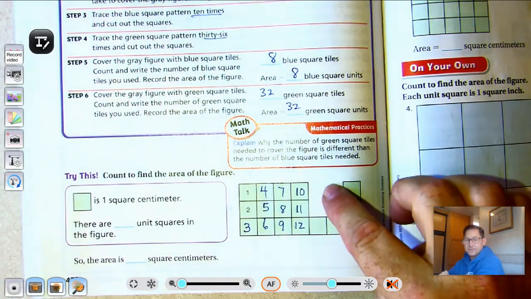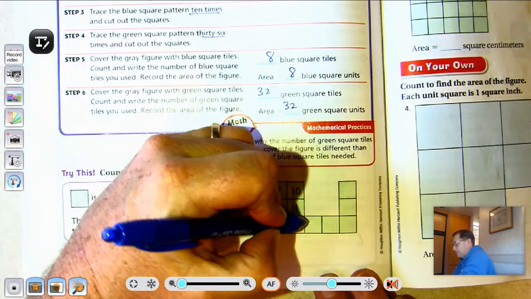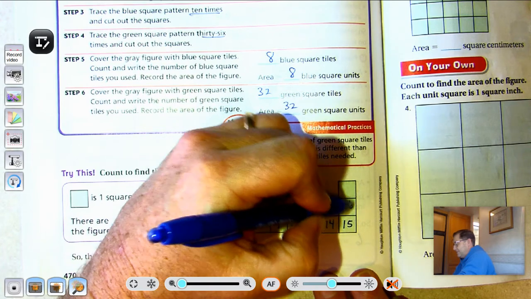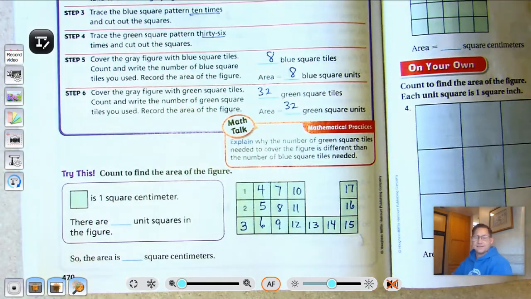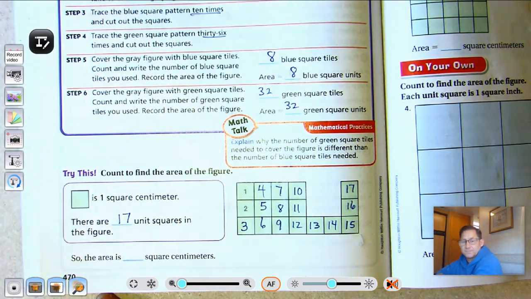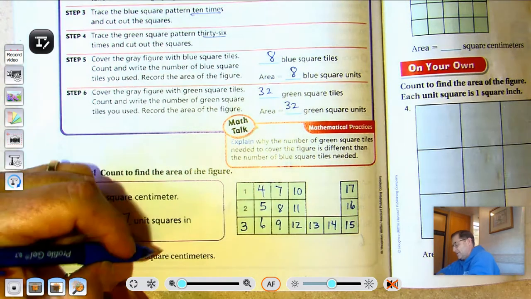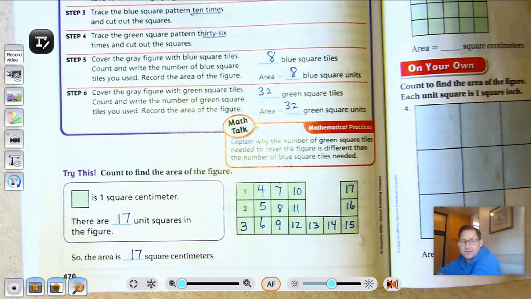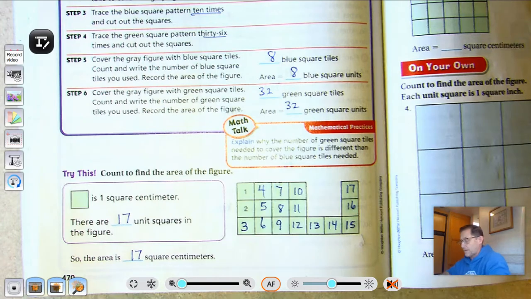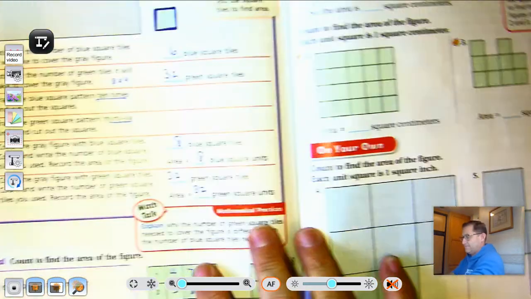This isn't shaded, so there's no green squares there. 13, 14, 15, 16, 17. 17 unit squares. So that means there's 17 square centimeters. Each square is 1 square centimeter. Okay, so let's move on.